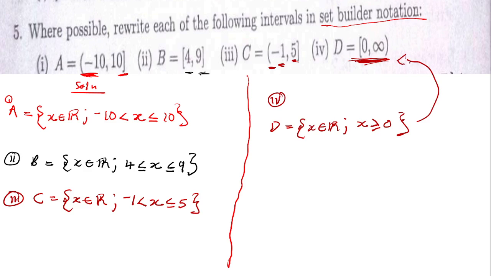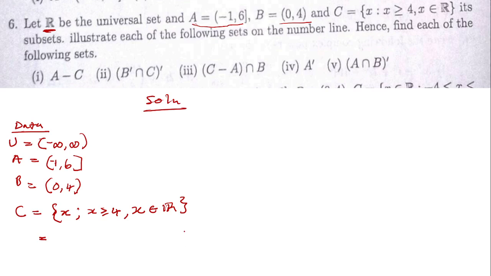In this case, since 4 is part of the answer, since there is an equal to there, then 4 is part of the answer. So I'll put a block bracket, and the direction is pointing toward positive infinity.